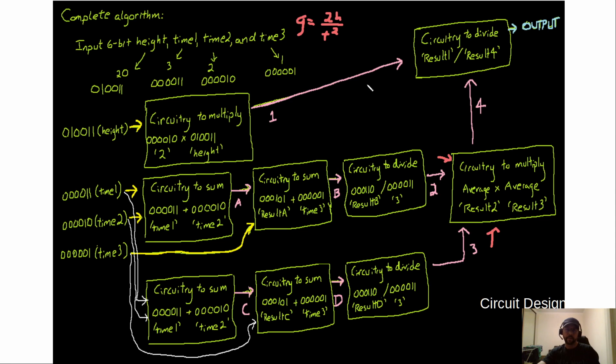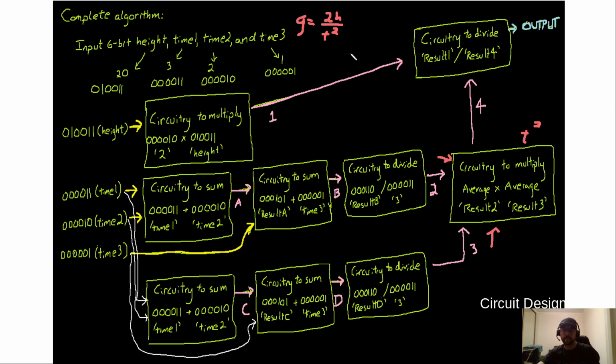So working out with the numbers that we had, we're going to take 1 plus 2 plus 3, which is 6, divided by 3, which is 2. And so we're inputting 2 into here and into here, which is 0, 0, 0, 0, 1, 0 in 6-bit binary. So this represents t squared, basically.